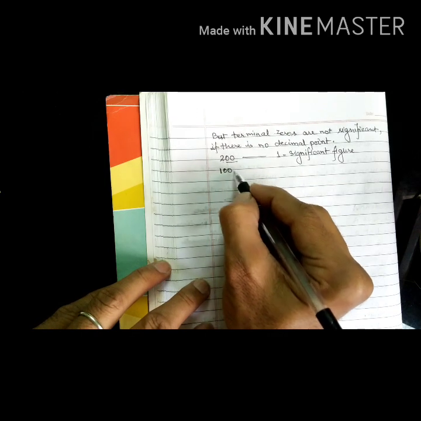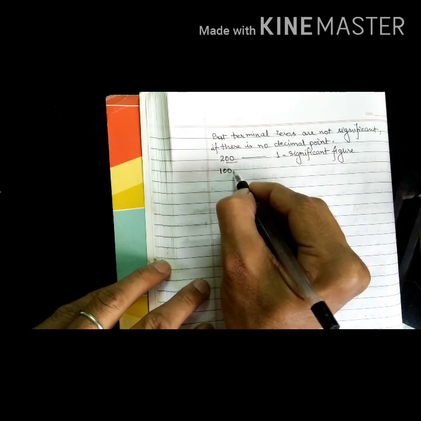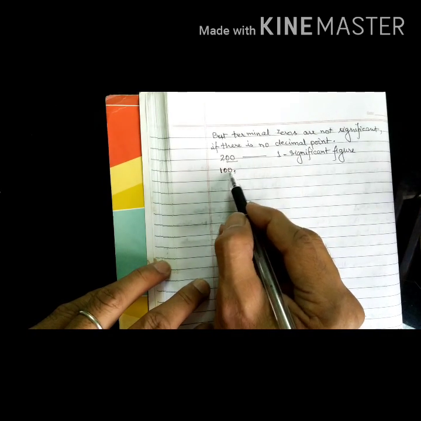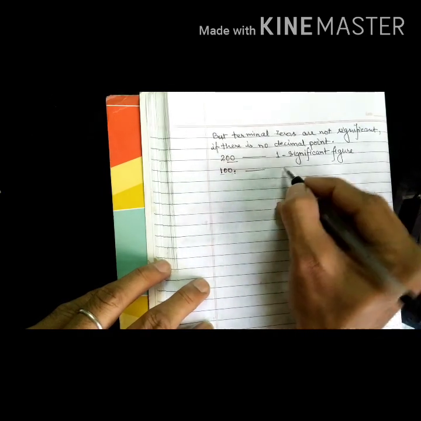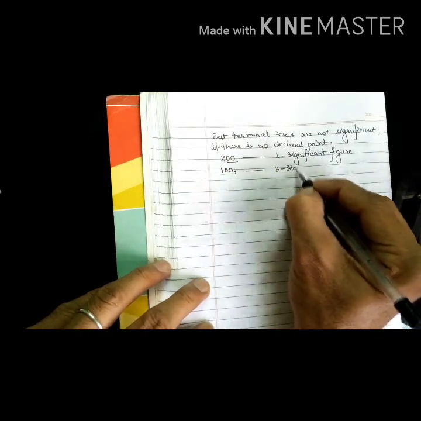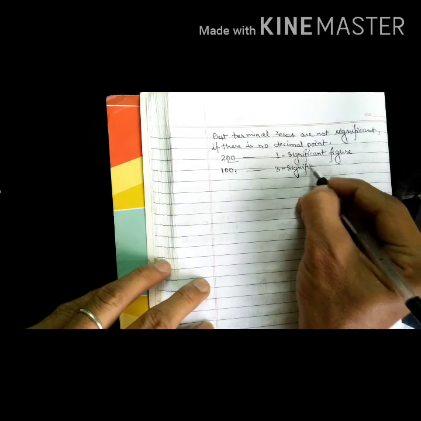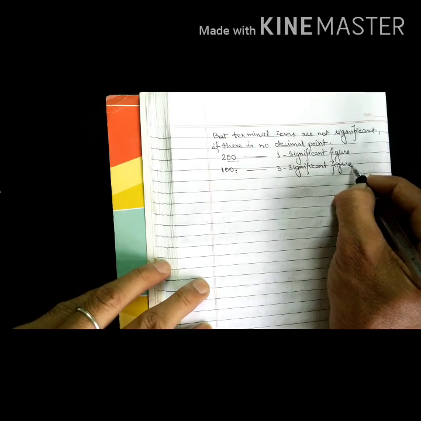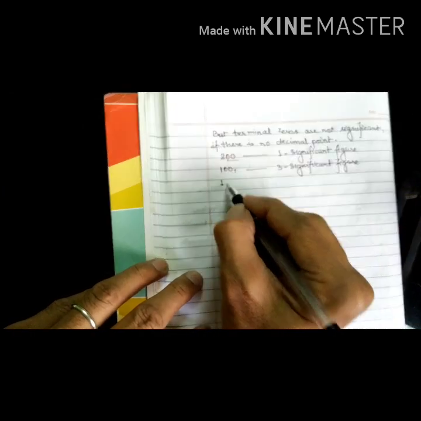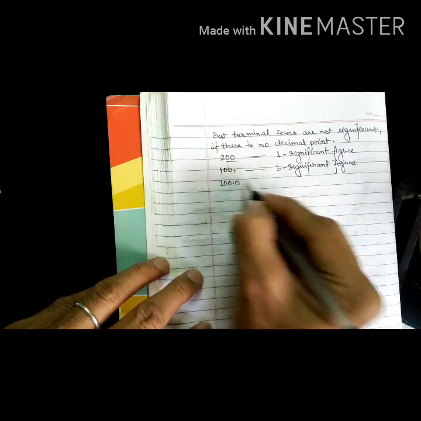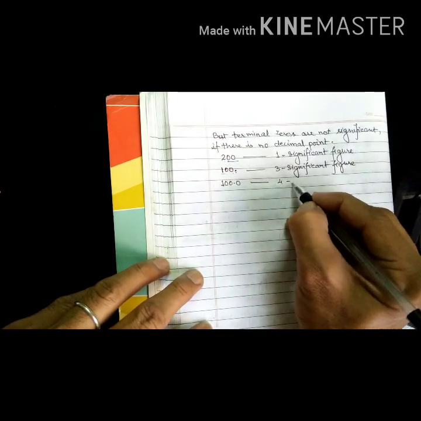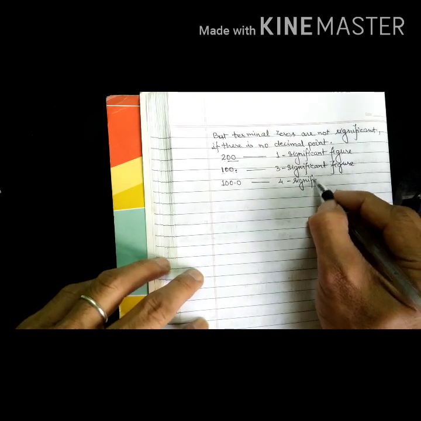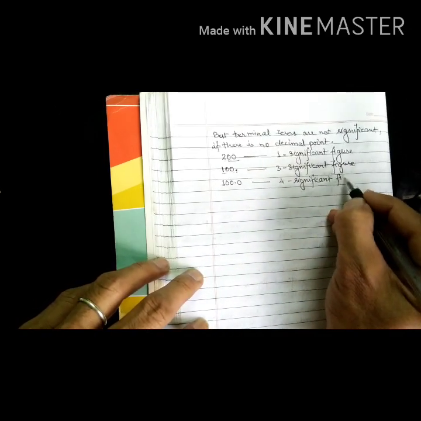If we place a decimal point here, 200., all these digits will be significant, 3 significant figures. 100.0 will have 4 significant figures.